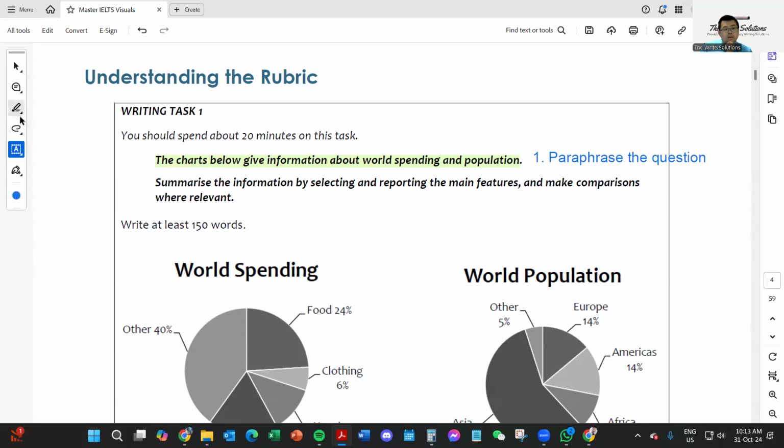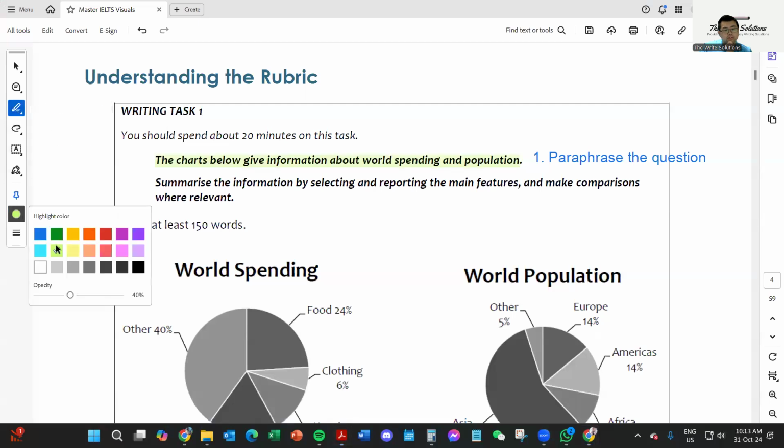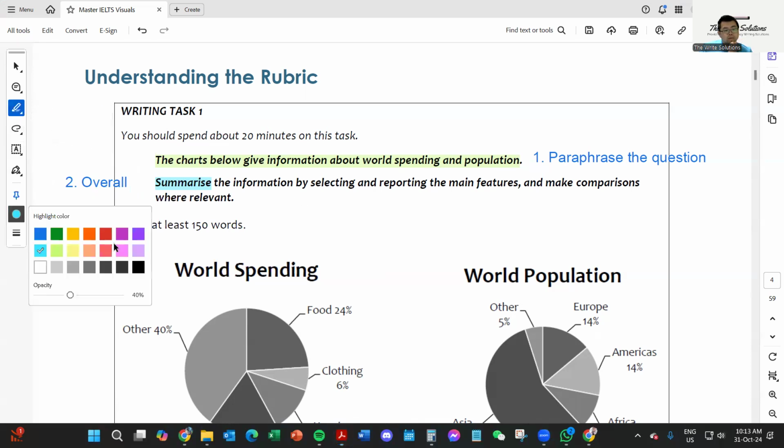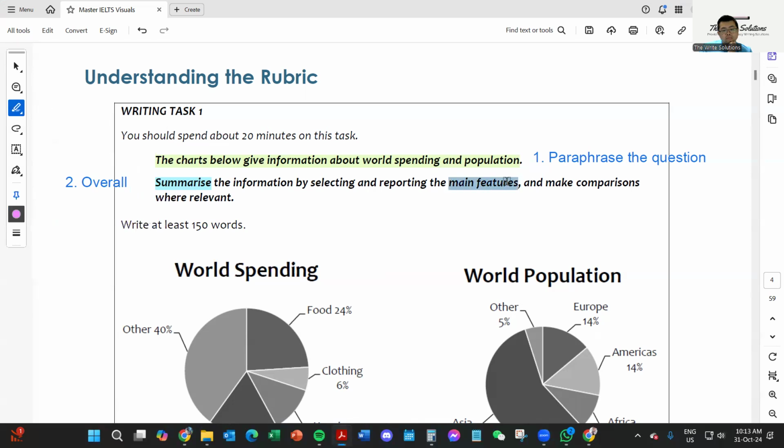Now I'm going to put this in different colors. Let's use a blue here. So summarize here is the overall. This is the second thing that you do. Main features, put this in pink, would be the third thing you're going to be doing.